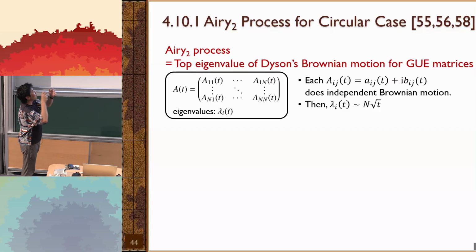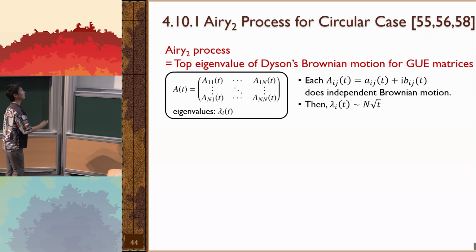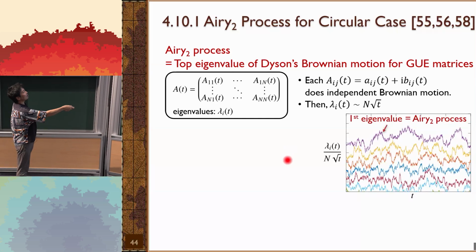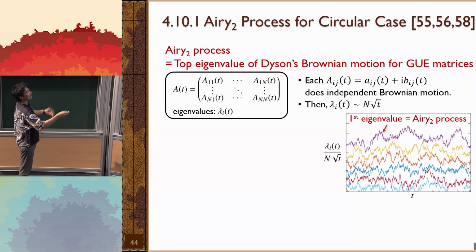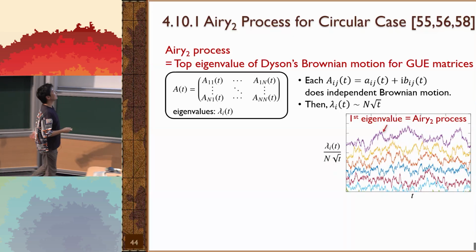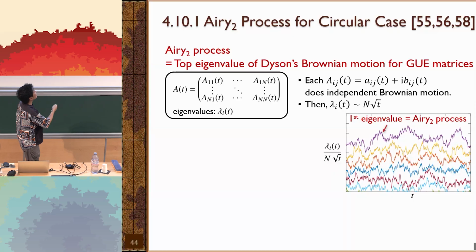They start from the origin at time 0, and then the eigenvalues scale like square root of t. If you rescale the i-th eigenvalue lambda by square root of t, then you actually get some stationary stochastic processes. And if you look at the top eigenvalue, this is nothing but the Airy 2 process.